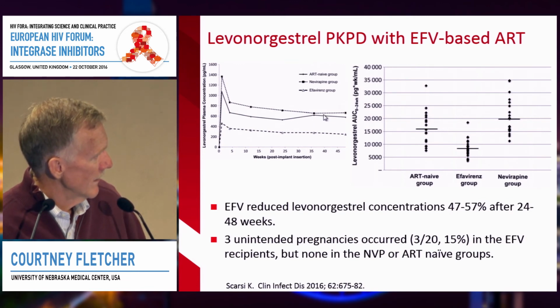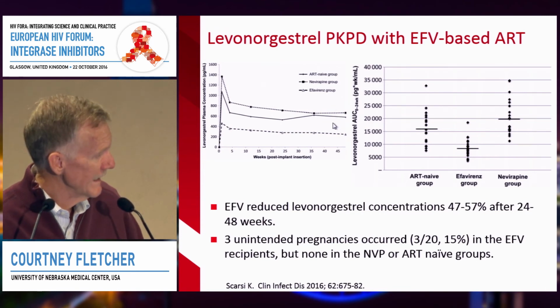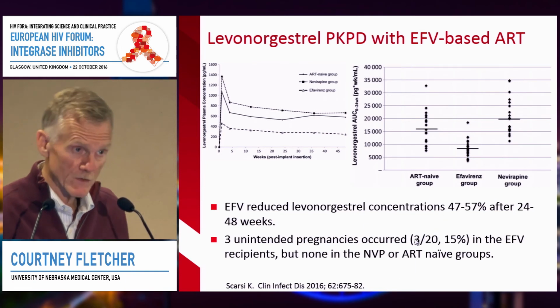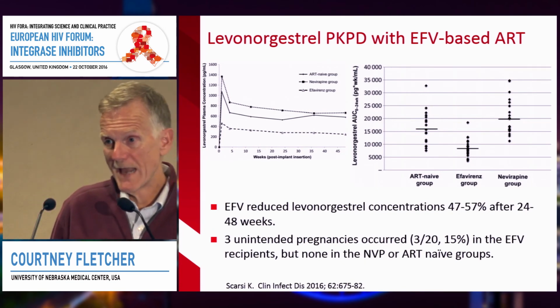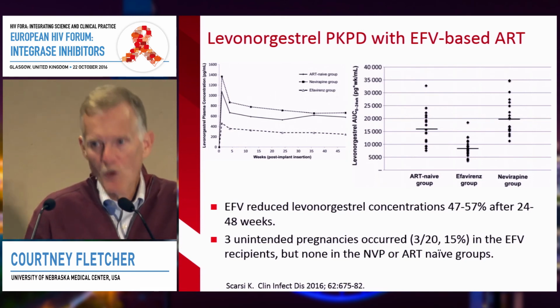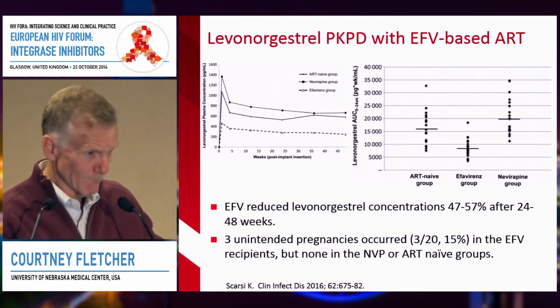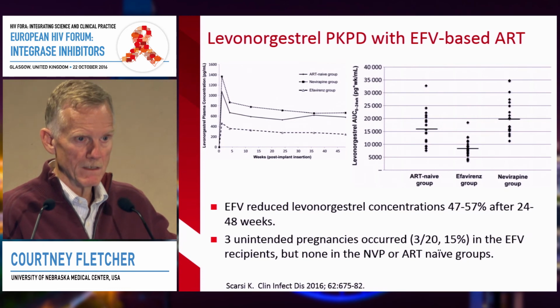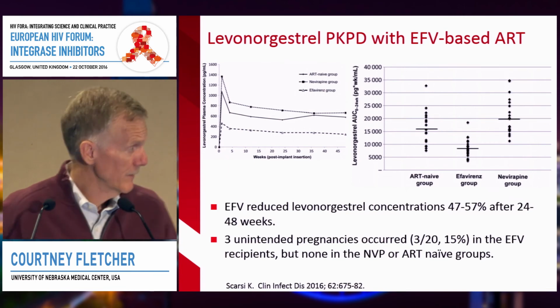Here are the ART-naive patients, the nevirapine group, and then the efavirenz group. So somewhere between a 50 to almost 60% reduction in concentrations, and in this group of patients, small but nonetheless, 15%, so 3 out of 20 of these women had unintended pregnancies. That's a failure rate that is enormously higher than what you would ever expect for the hormonal implant. So no matter how you give it, if a drug is susceptible to drug interactions, they can still be there.